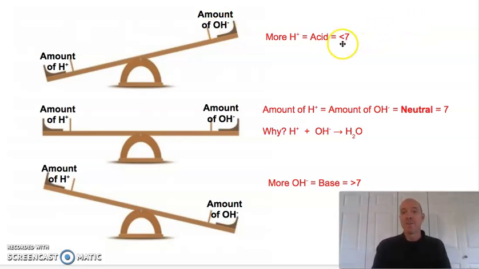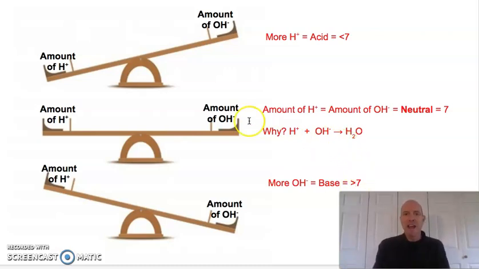And we know the number on the pH scale is less than 7. If we have more hydroxide ions than hydrogen, it's a base. And we know the pH value is more than 7. And so maybe you've heard that if you spill an acid, how do you clean it up? With a base. If you spill a base, you clean it up with an acid.